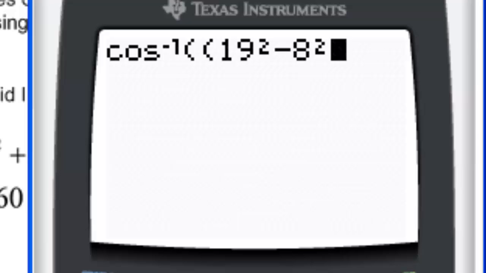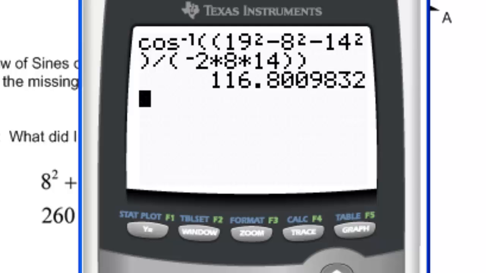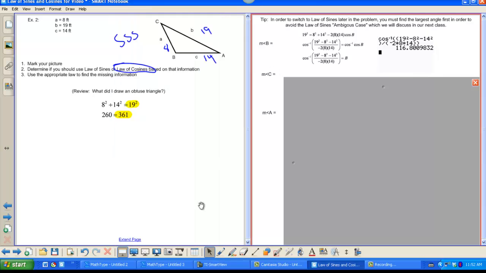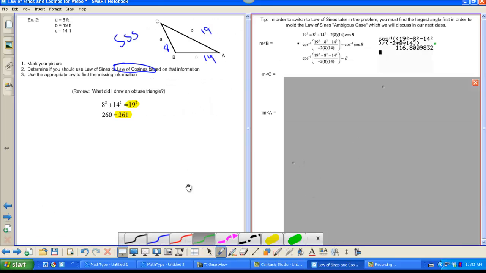So 19 squared minus 8 squared minus 14 squared, and I'm going to divide that by negative 2 times 8 times 14. And so the measurement of angle B is 116.8 degrees.